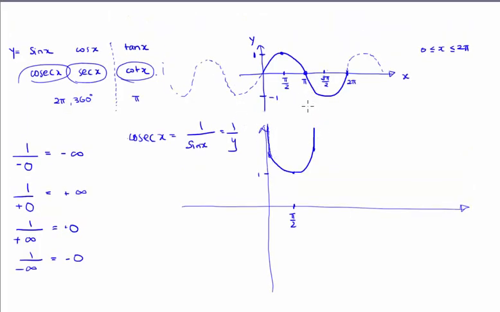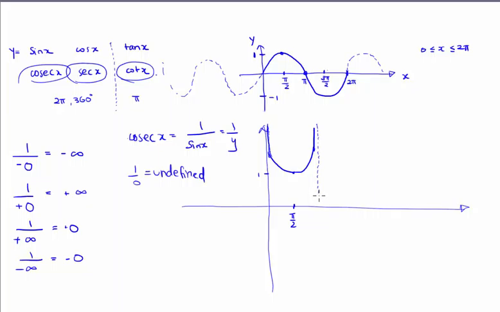Now, when it reaches pi, the sine function is 0. But you can't have 1 divided by 0. Okay? You can't have 1 divided by very small numbers like this and this. But that's undefined. So that's where we have an asymptote, okay?